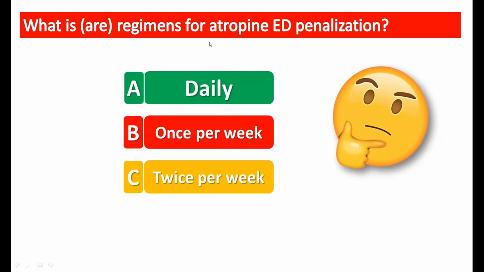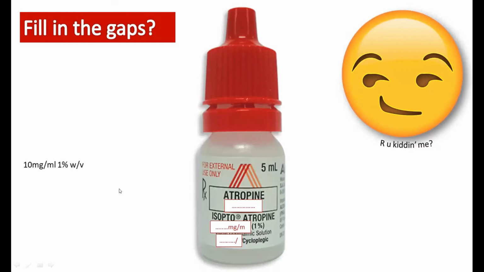What is the regimen for atropine eye drops penalization? Traditionally it was daily, but nowadays it is twice per week on the weekends. And as you know, in the US, the weekends are Saturday and Sunday. All right, and fill in the gaps. You answer it correctly on the WhatsApp. Just a little hint about this atropine sulfate.